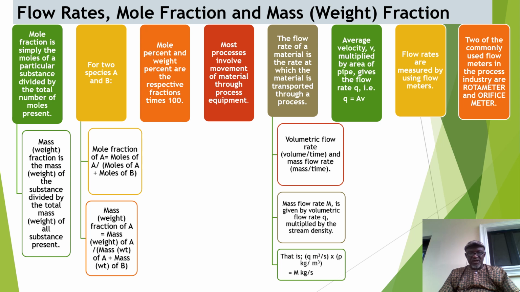You will now have kilogram per second. Look at the dimensions: meter cube cancels meter cube and we are left with kilogram divided by second, which gives us the mass flow rate, quantity of mass flowing against time.